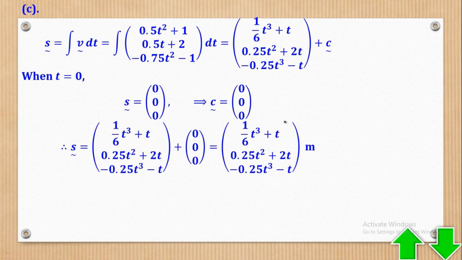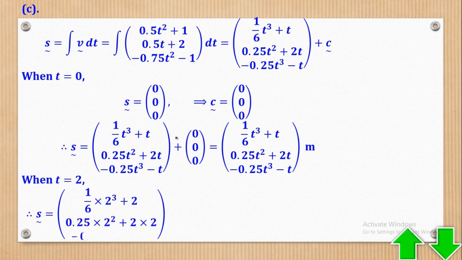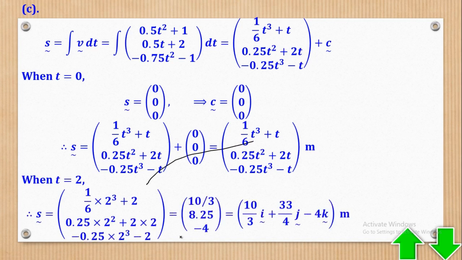But they wanted the displacement after 2 seconds, so I shall say when t is equal to 2, then the displacement will be given by that. So you substitute for t in that expression to come up with 10 over 3 i, 8.25 j and negative 4 k, which is that. So basically that's what they wanted.